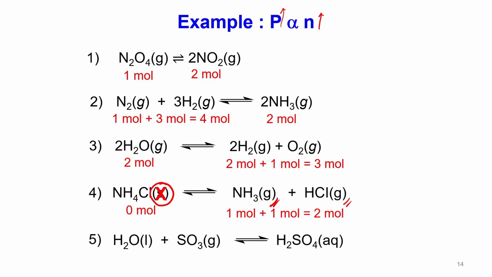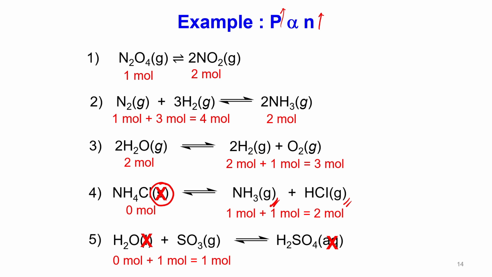Then H2O liquid plus SO3 gas produce H2SO4. So H2SO4 is aqueous 1 mole, and then gas 1 mole, liquid 1 mole. Jadi liquid kita tidak ambil kira, jadi kita cuma ambil SO3 gas. Okay, 0 plus 1 mole. Okay, aqueous juga tak ada pressure, jadi aqueous tak ada bilangan mole gas.